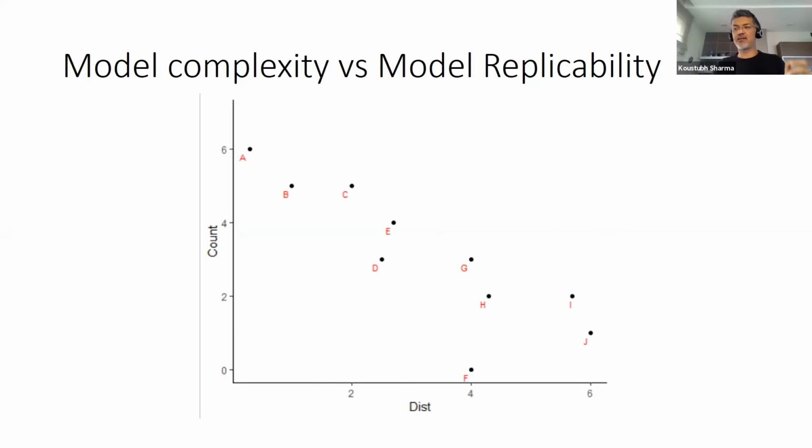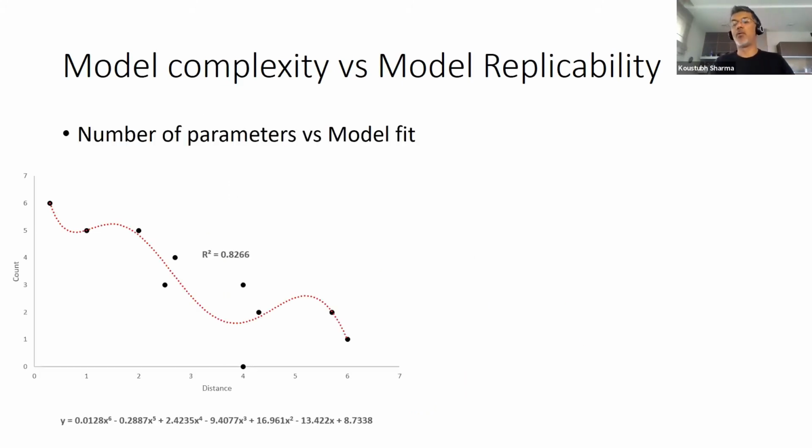It's the same data that we were collecting the other day, where as distance from the water increased, there were fewer and fewer animals counted in those little blocks, right? And then we converted it into an exponential function and whatever. But right now, let's keep it simple: a linear model, straight line equation, or a polynomial equation.